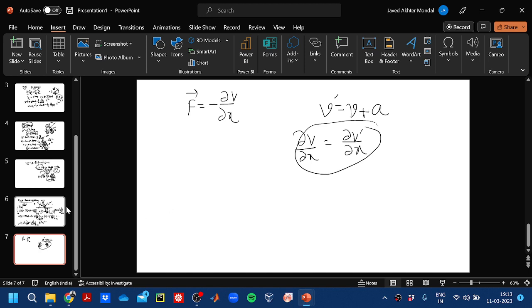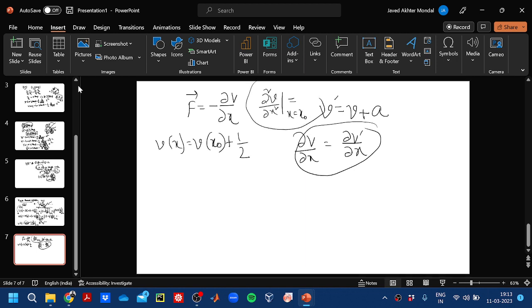So in general, if we have this equation V(x) equal to V(x0) plus one half del2V/delx2 evaluated at x equal to x0 times (x minus x0) squared, we can define this second derivative as a constant, and suppose we denote it by k.